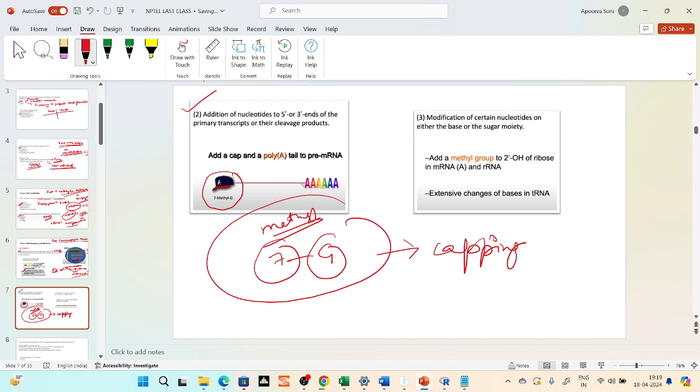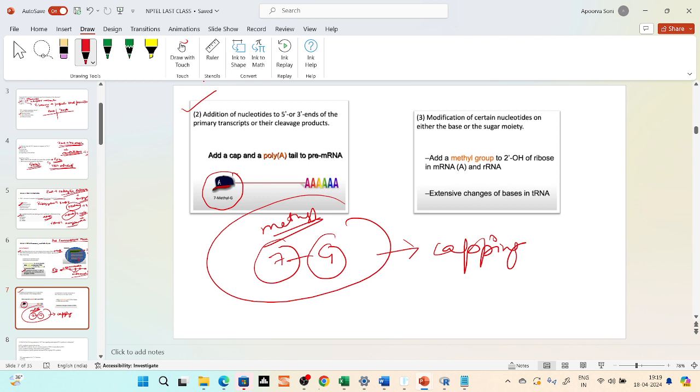What is the third modification? Modification of certain nucleotides on either the base or the sugar moiety. That means addition of nucleotides, removal of nucleotides, and modification of the existing nucleotides also. How can modification of existing nucleotides take place? By adding some groups, for example a methyl group or an acetyl group.